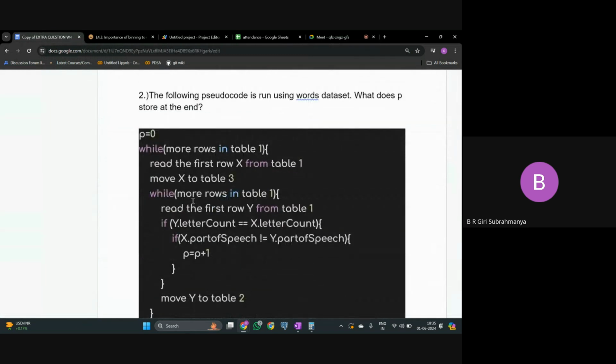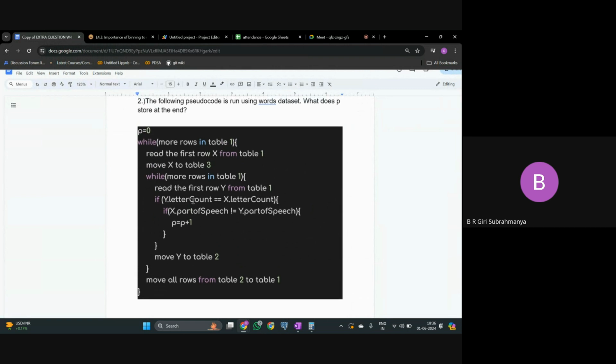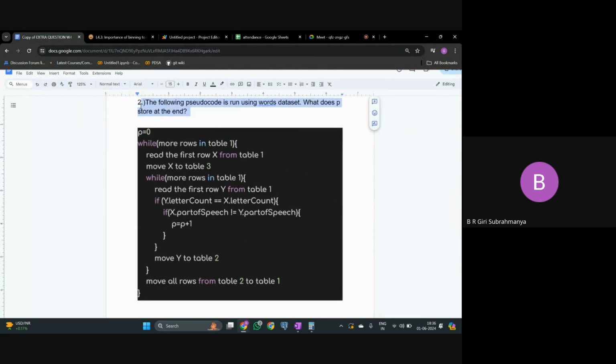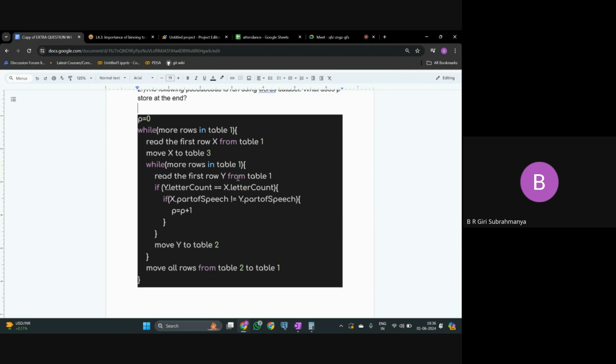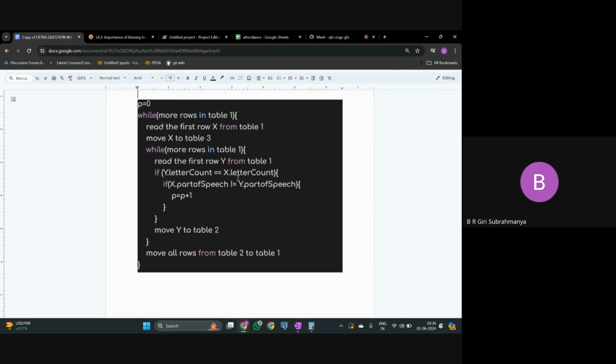Now for the next question, I think this is also an easy question. The following pseudocode is run using BERT's dataset. What does the variable P store at the end?